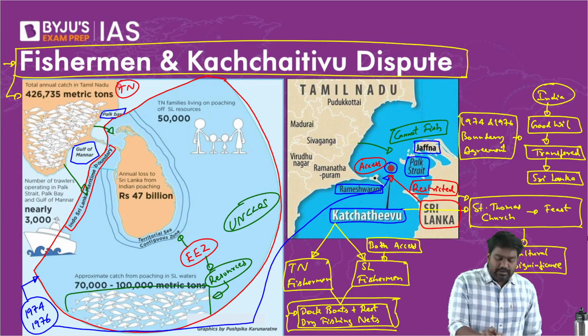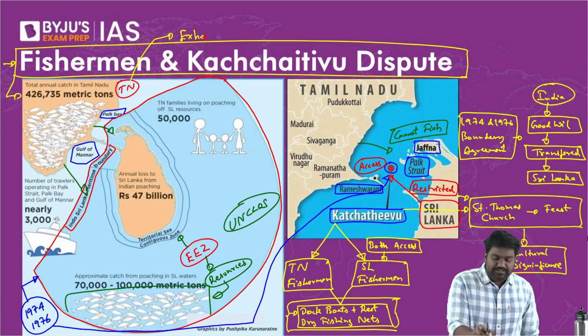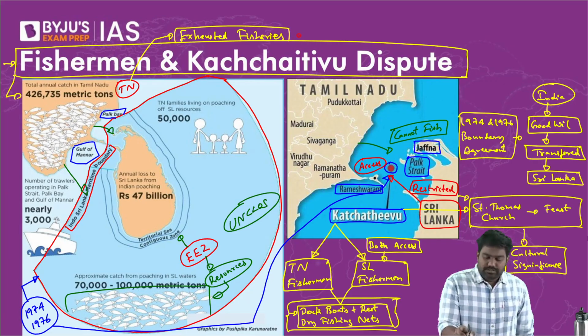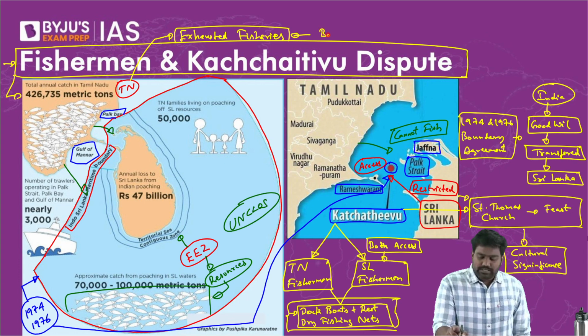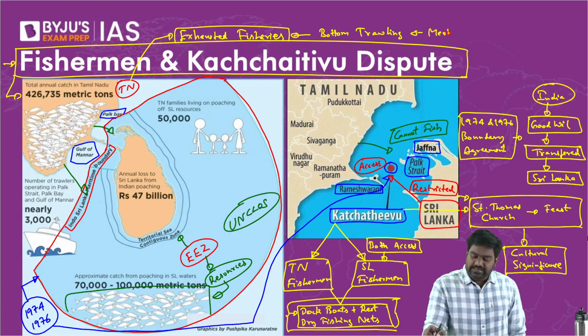Tamil Nadu fishermen have over-exploited the fishes on the Indian side. They have exhausted the fisheries, because they have used an exploitative fishing technique called bottom trawling by procuring mechanized boats.